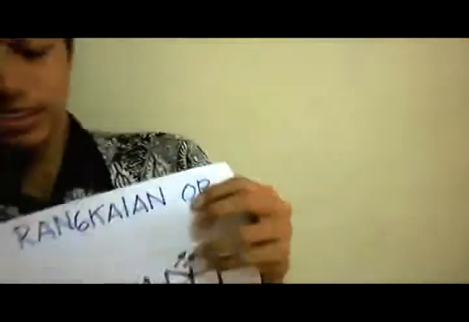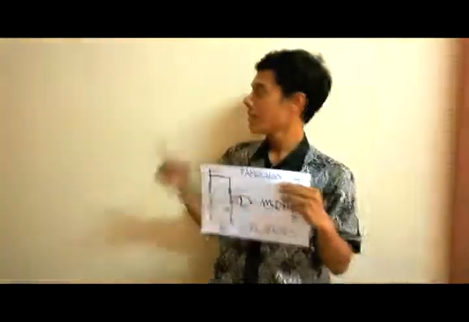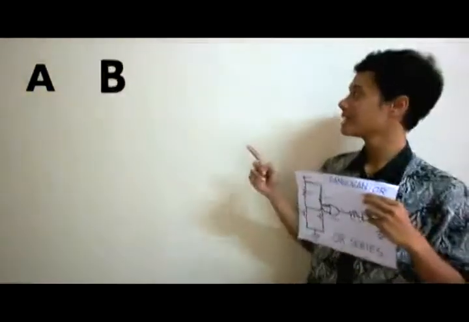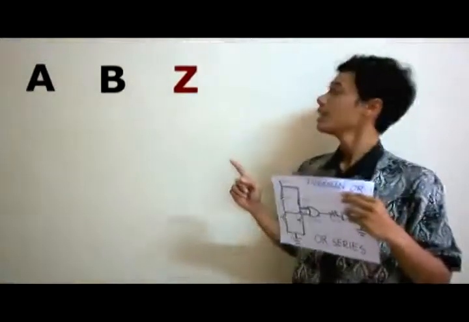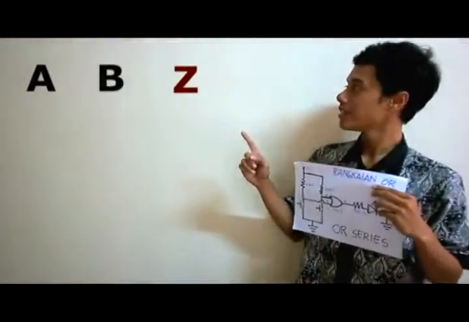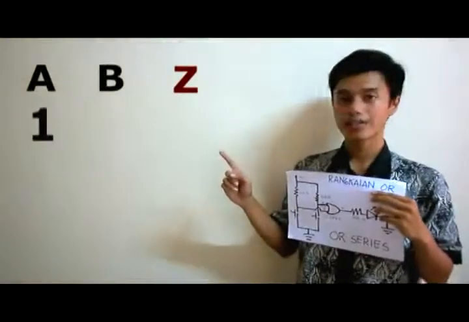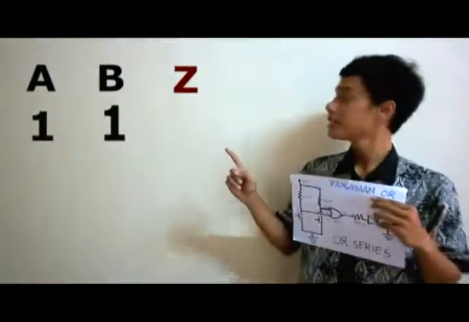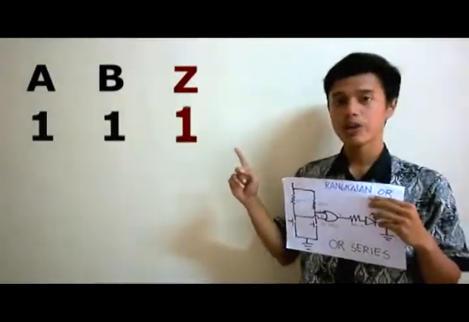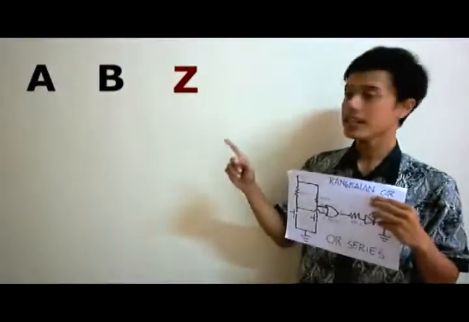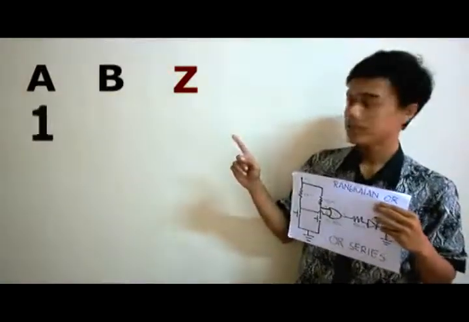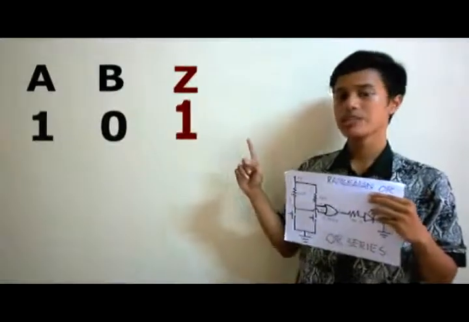Now let's look beside me. I have A as the input, B as the input, and Z as the output. If the input level of A is high or 1 and B is 1, the output will be 1. If A is 1 and B is 0, the output will be 1.